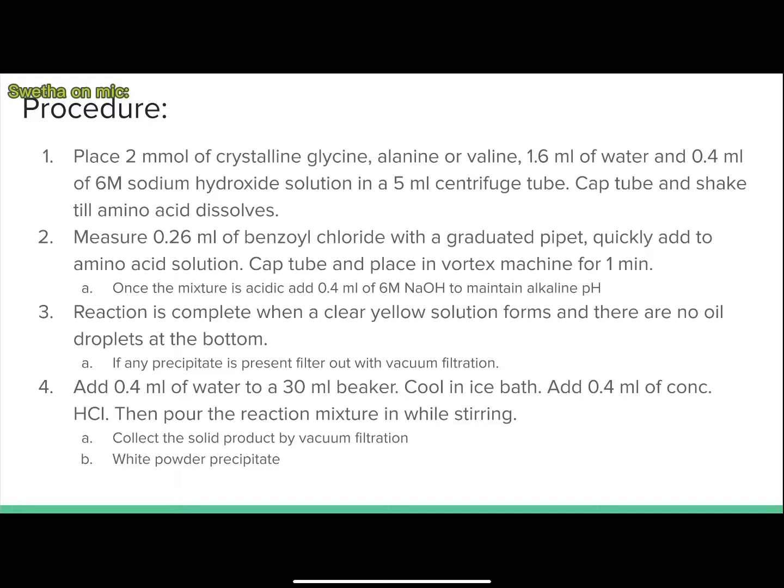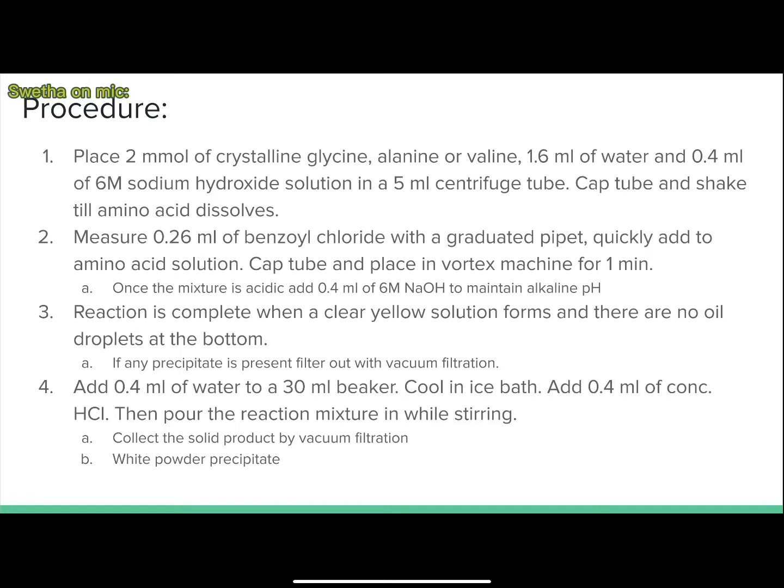Next, measure 0.26 milliliters of benzoyl chloride with a graduated pipette and quickly add this to the amino acid solution. Cap the tube and place it in a vortex machine for about 1 minute. Once the mixture is acidic, add about 0.4 milliliters of 6M sodium hydroxide to maintain an alkaline pH.